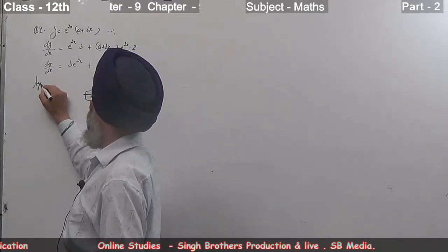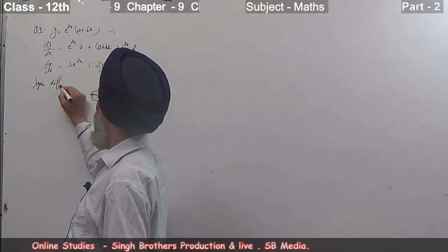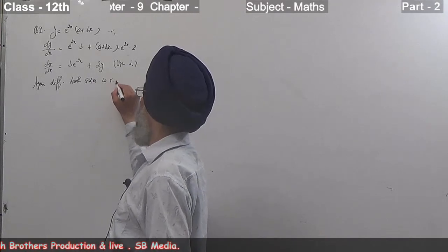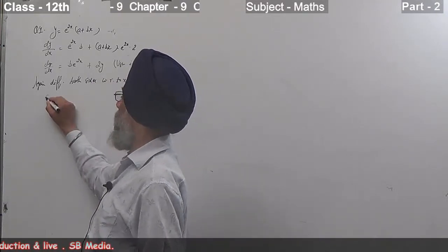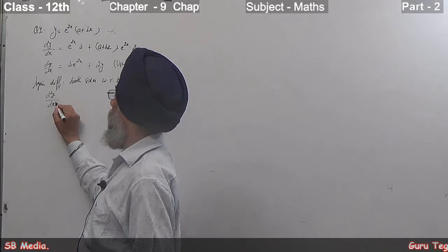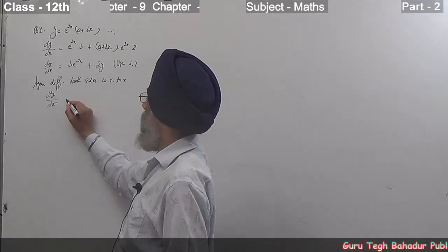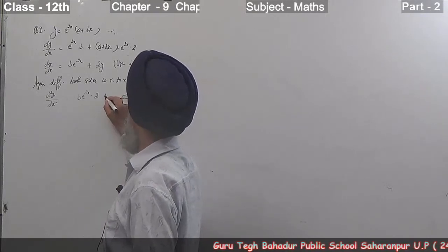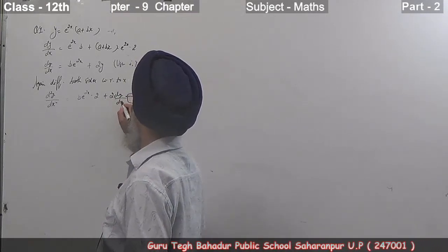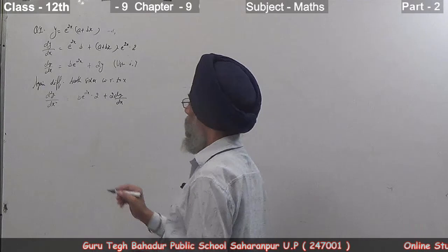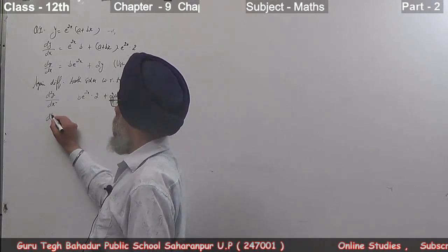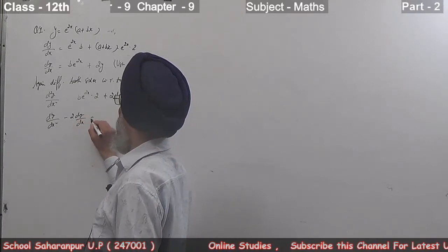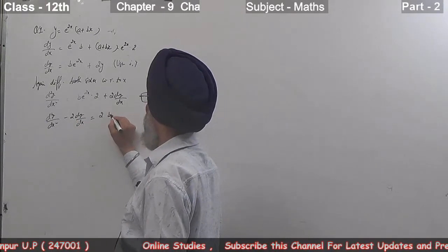Now again differentiating both sides with respect to x, it becomes d square y upon dx square equals b e to the power 2x into 2 plus 2 dy by dx. Or you can write it as d square y upon dx square minus 2 dy by dx equals 2 times b e to the power 2x.